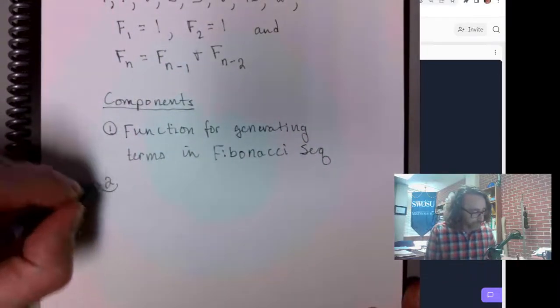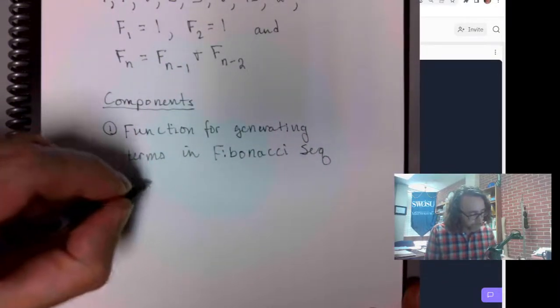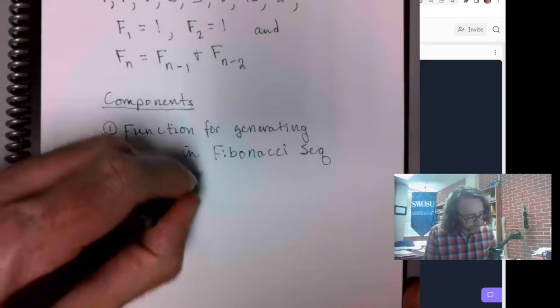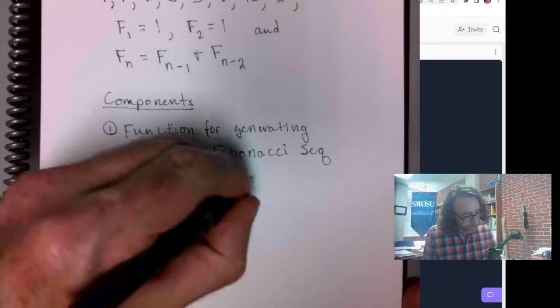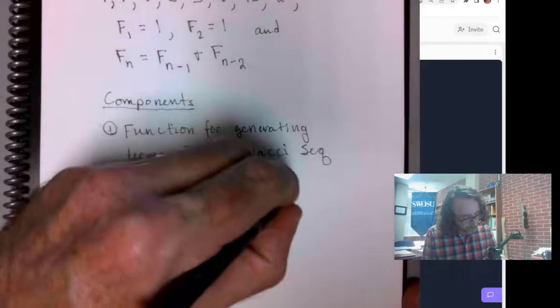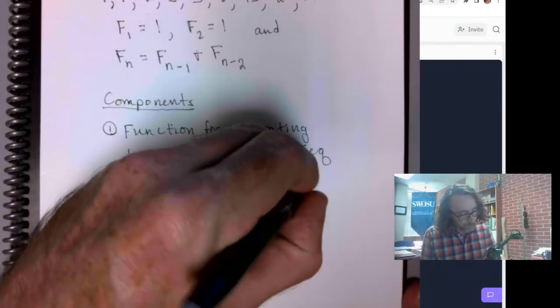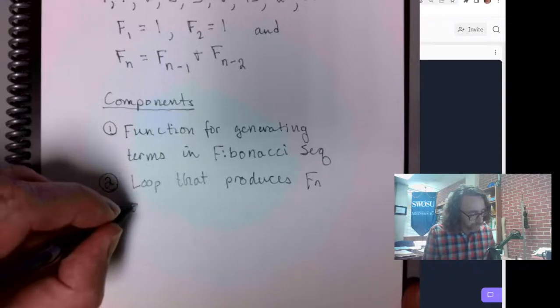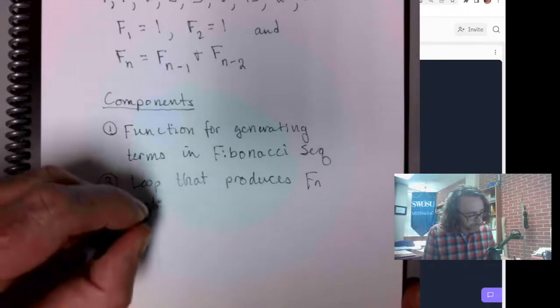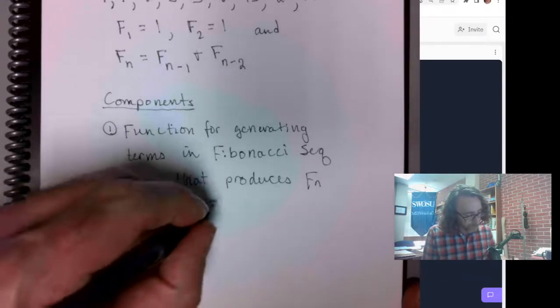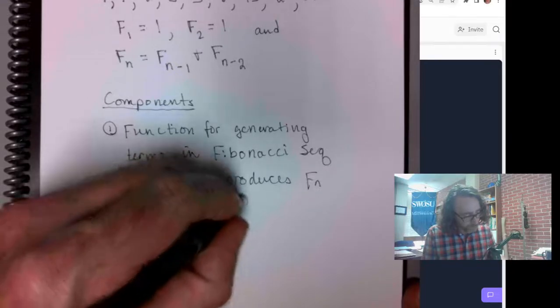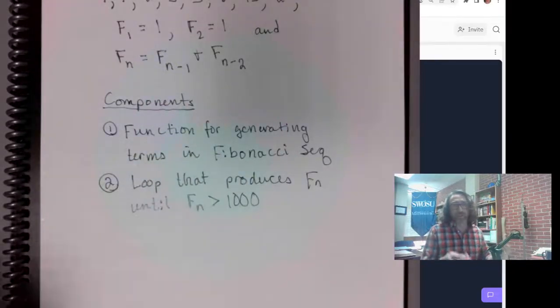And then second, I will have a loop that produces terms in the Fibonacci sequence until those terms are greater than 1,000.